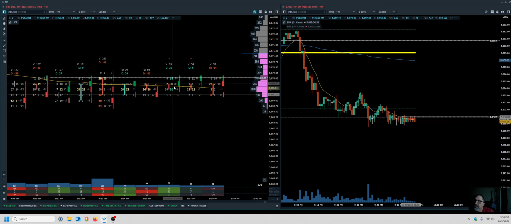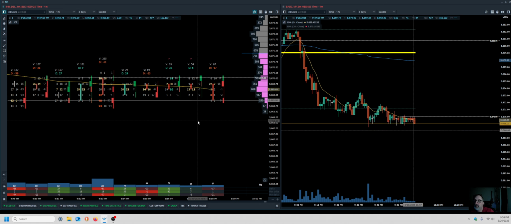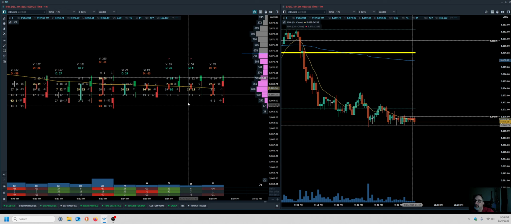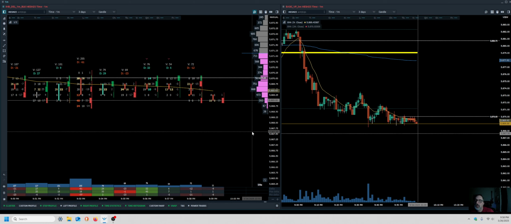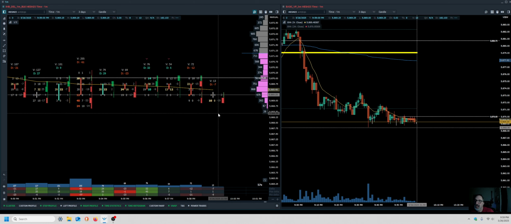Have buying imbalance here. So if it's going to be a support, we need to come up and then come back down. Meaning that this could be support, and this is a point of control. You can see how this plays out.